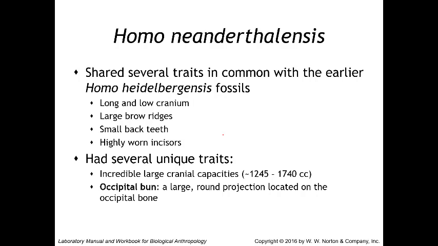One interesting thing that I want to point out is the highly worn incisors that both Homo neanderthalensis and Homo heidelbergensis share. Highly worn incisors suggest that these species were using their front teeth as tools. So what do I mean by using teeth as tools?